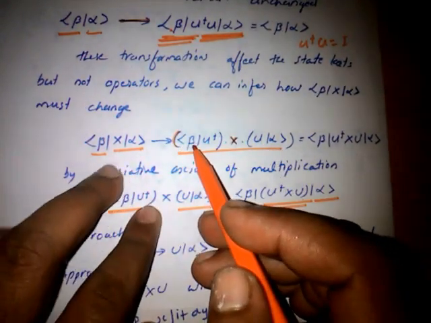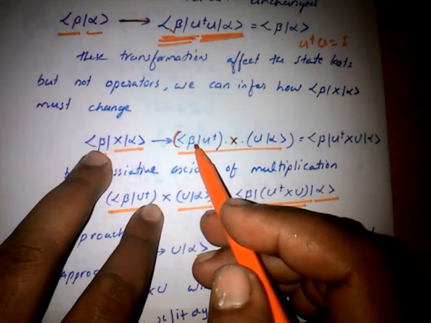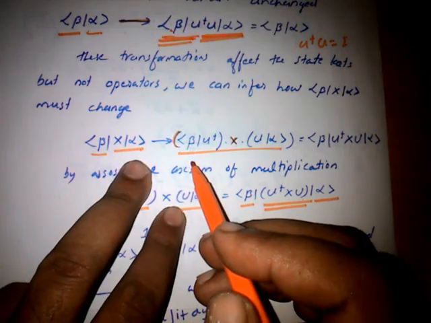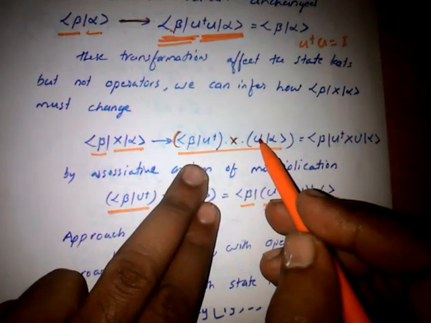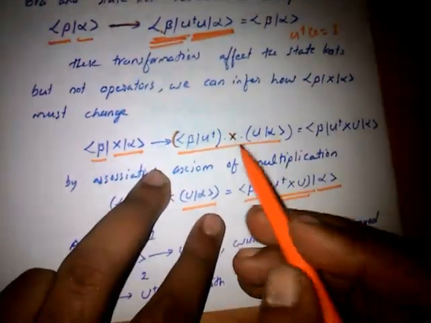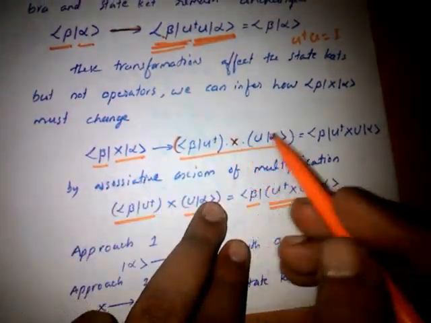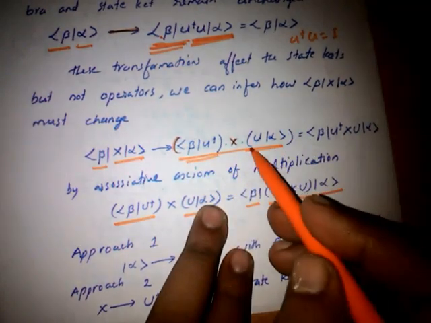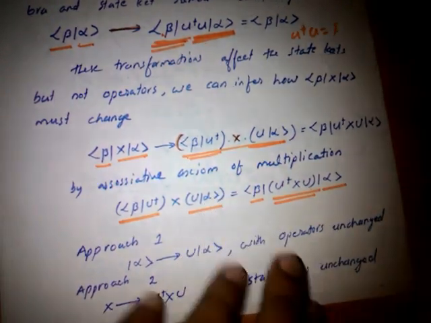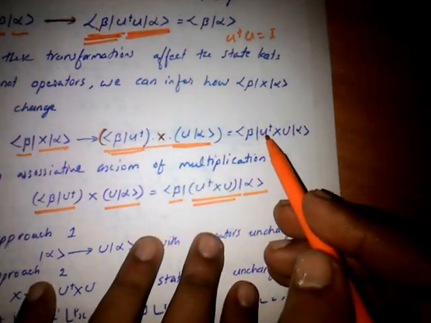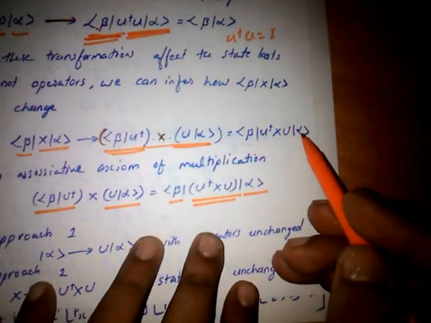When we are taking the inner product, we can transform this bra beta into u dagger beta, and we can transform this alpha into u alpha, and this operator is operating on one of the kets. That is equal to, we can mathematically write as beta u dagger x u alpha.